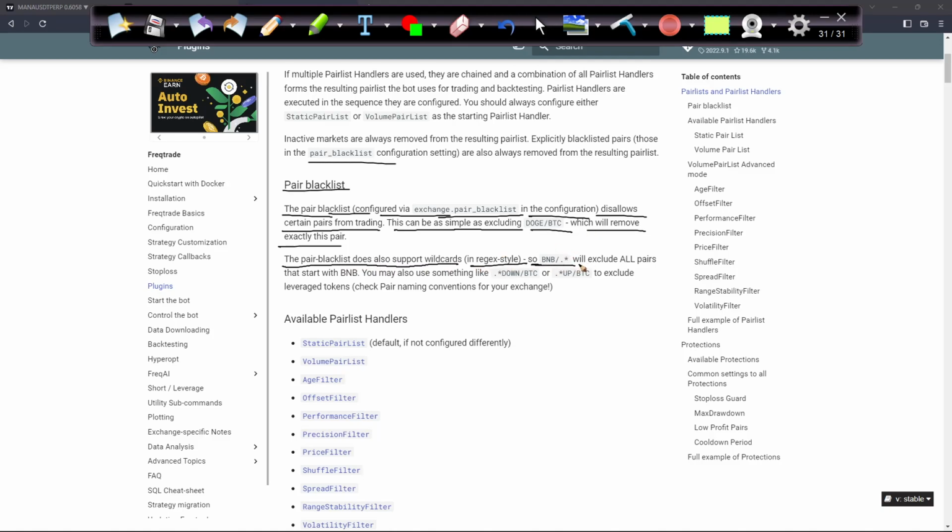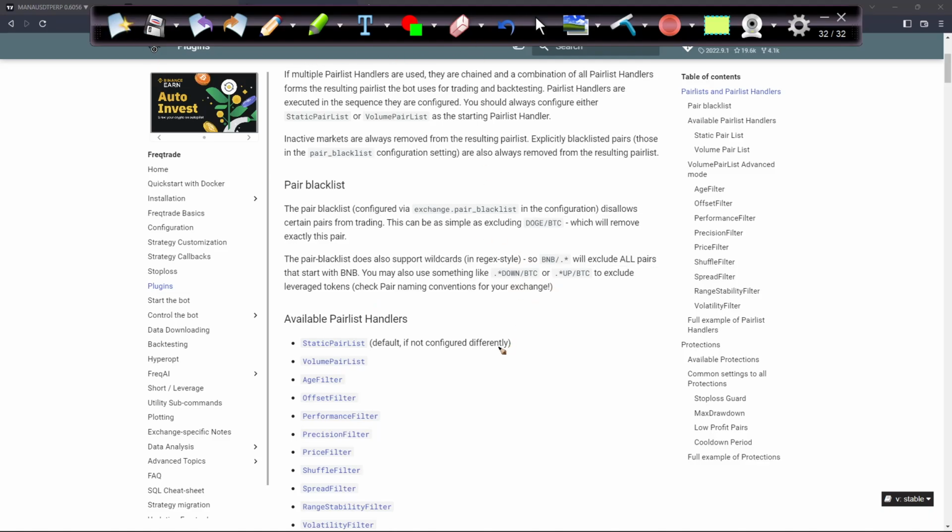So BNB.* will exclude all pairs that start with BNB. You may also use something like .*DOWN/BTC or .*UP/BTC to exclude leverage tokens. Check pair naming conventions for your exchange.